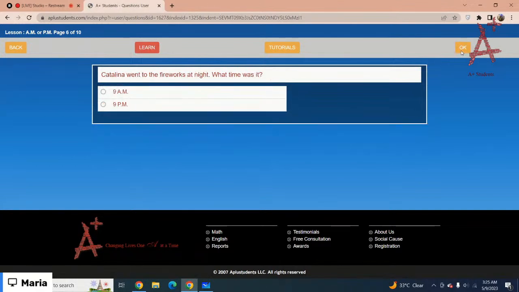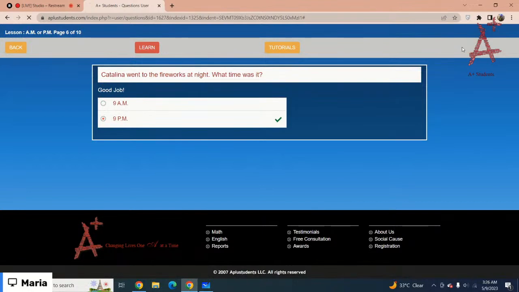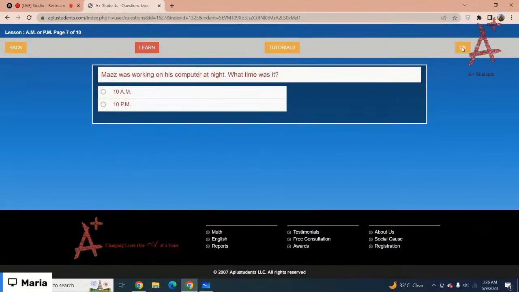Catalina went to the fireworks at night. What time was it? Which is the correct option? It would be at night. Yes, that would be p.m. That would be 9 p.m. Mars was working on his computer at night. What time was it?